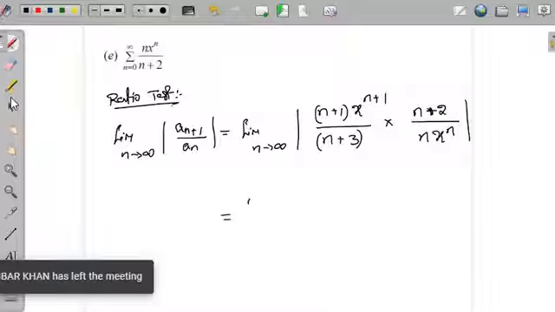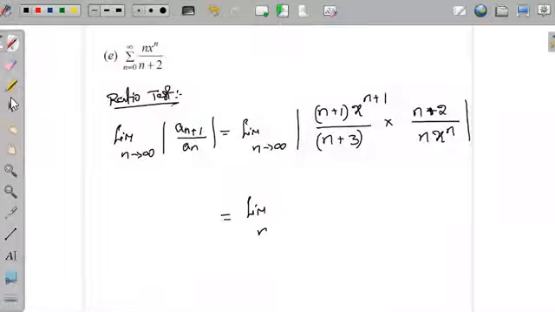Alright, so this can be written as limit n goes to infinity. Nothing cancels, so fine. (n+1)(n+2) over n(n+3).